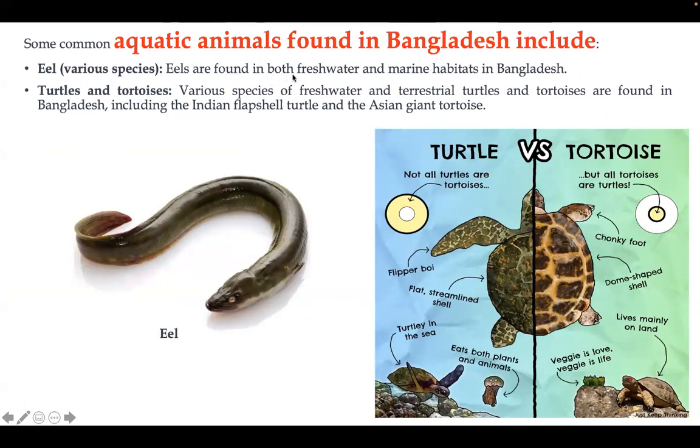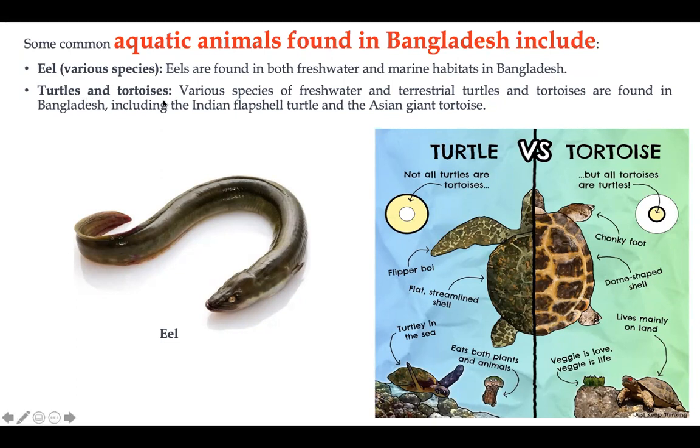Eel can be found in both fresh and marine habitats in Bangladesh. Freshwater eels are relatively smaller, and the marine eels are relatively larger. So the eel also has a good international market and is sold at a high price.